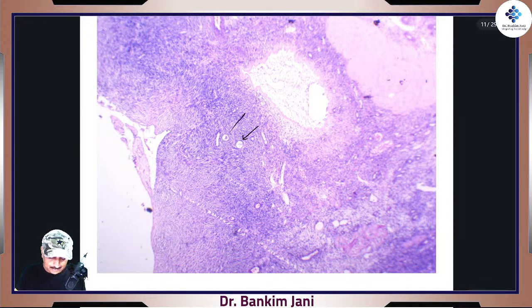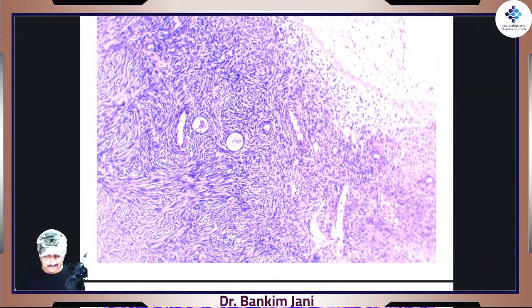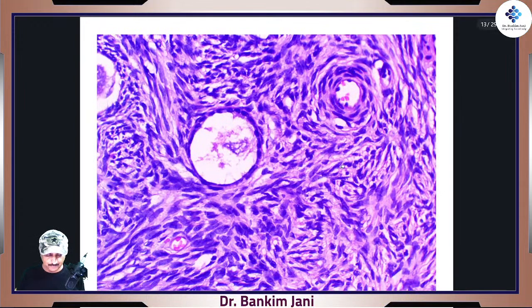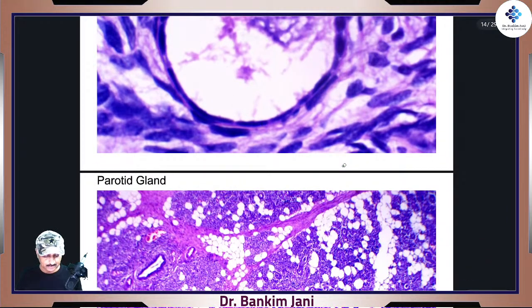See this one, right? This is where they are. And then we picked one of them, right? And here it is. And then we zoomed it still further, and then we zoomed it still further, right? So this is like an ovarian follicle.